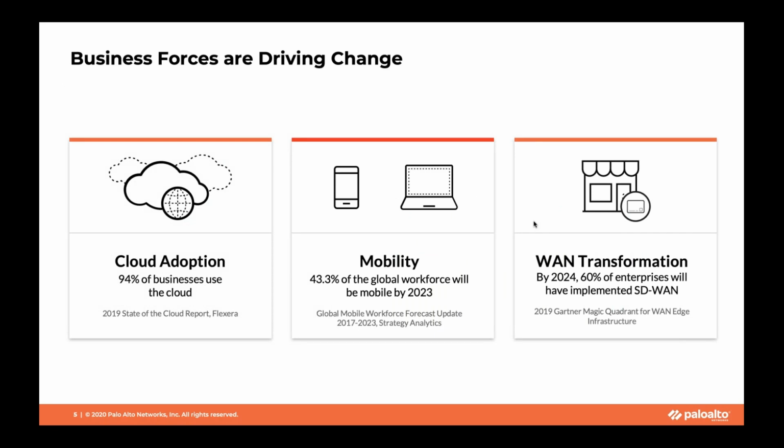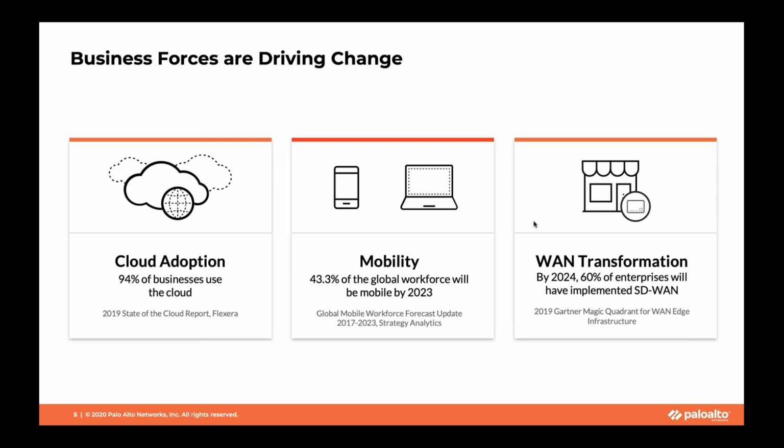So currently, companies are using the cloud. And you will see that applications and also infrastructure in general is leaving the data center and moving to the cloud. A good example is SaaS applications such as Office 365 and Salesforce, but also workloads are moving to Azure, AWS, and variants.